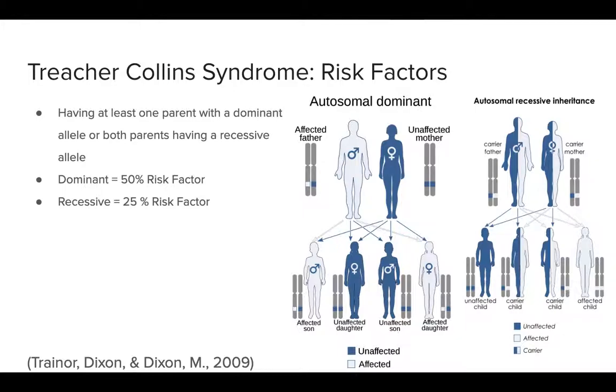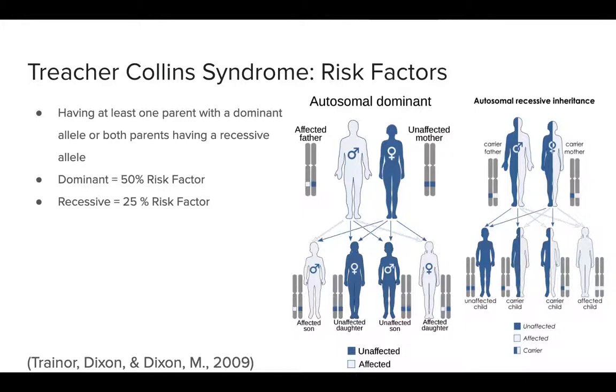So for the risk factors, there's not really a specific risk factor other than receiving a dominant allele from one parent or two recessive alleles from both parents for the symptoms to be presented.